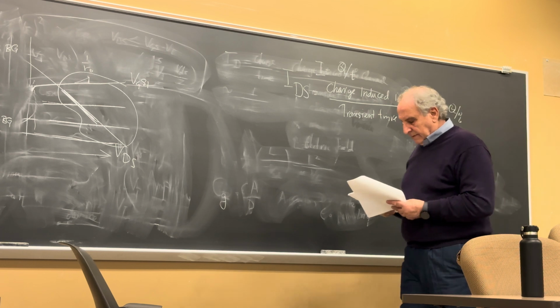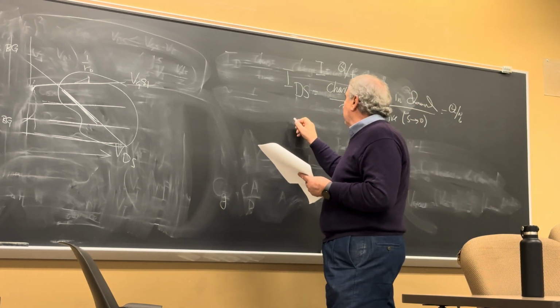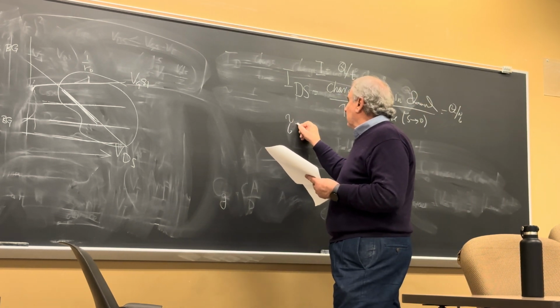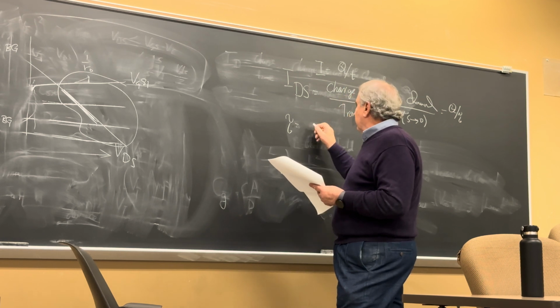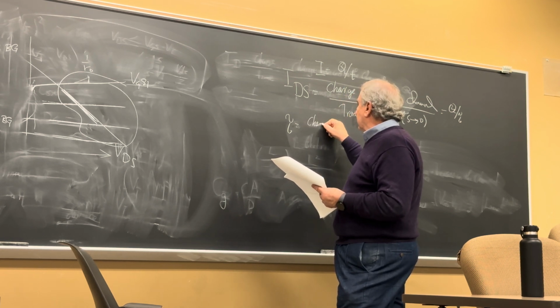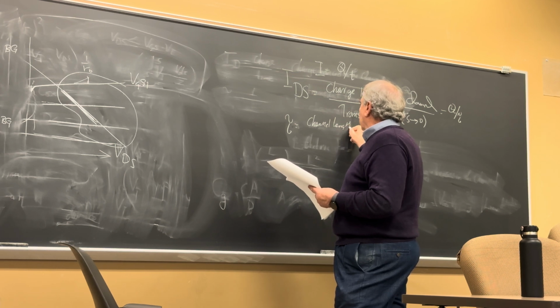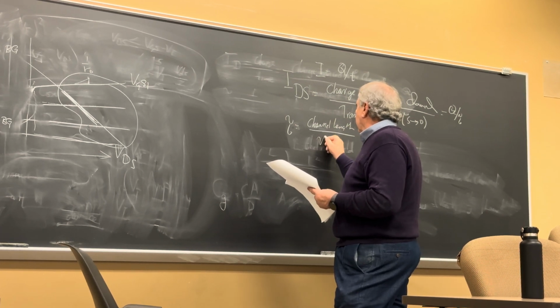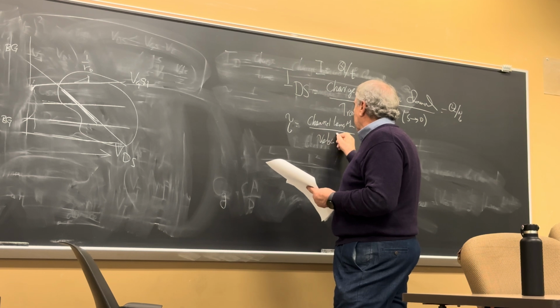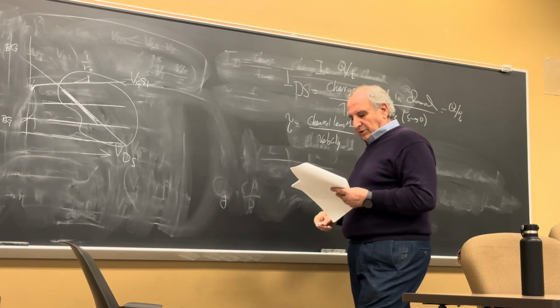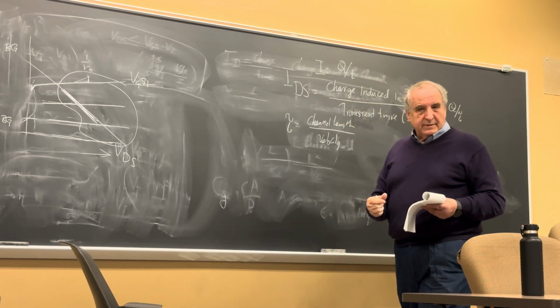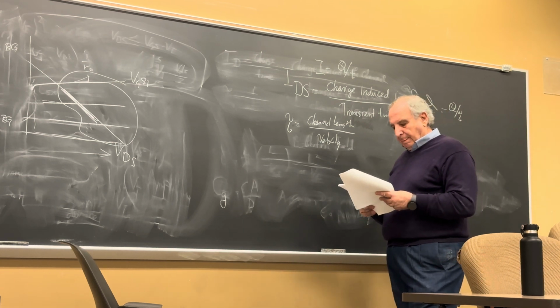Tau, since it's transit time, is the channel length over the average velocity the electron has to travel.